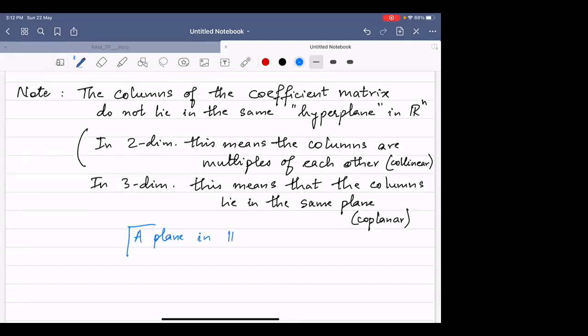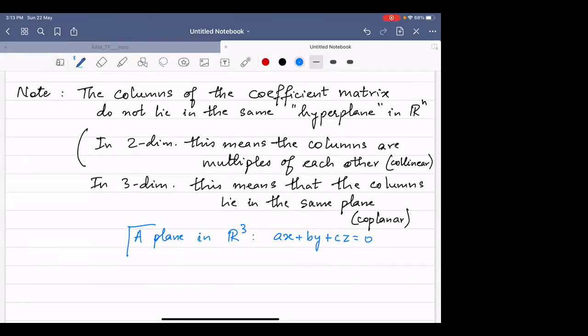in R3 will be defined by ax plus by plus cz is equal to 0, right? Where x, y, z are your three directions, a, b, c are the coefficients that determine the plane. Then like this you can go on. We don't say plane in R4 or plane in R5.